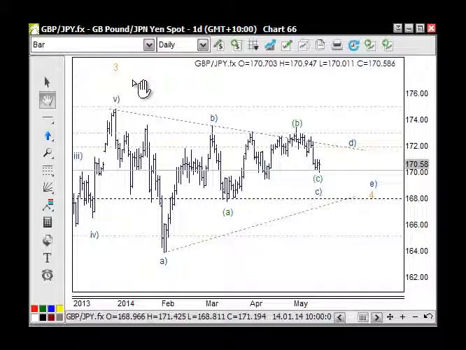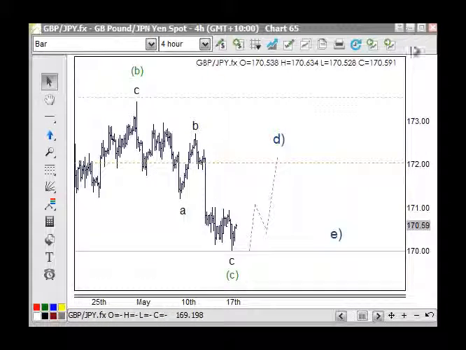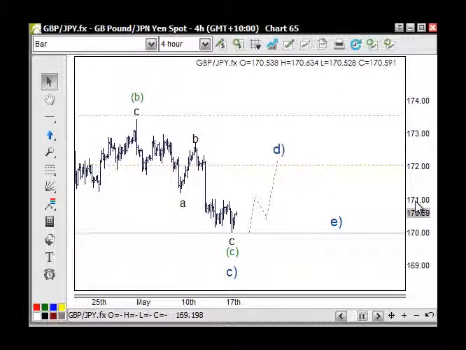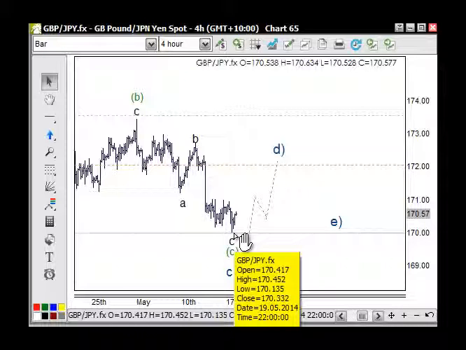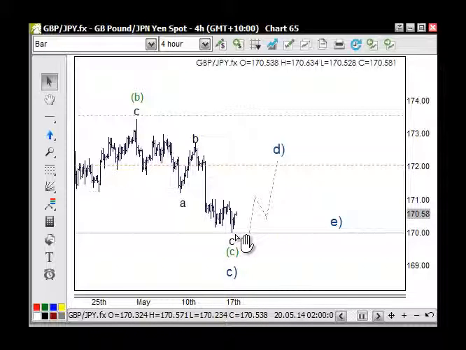Picking lows is a bit dangerous, but let's drill in here a little bit. This is what we're looking for: basically 3 waves back up, retesting the 172, but that's the low at that point. That's what we're looking for from yesterday, a bounce off the 170. Let's see how it develops.